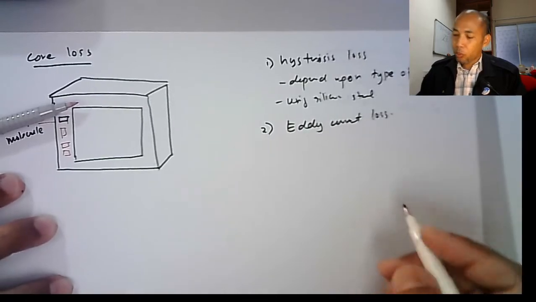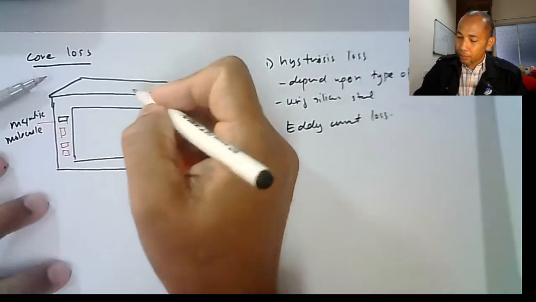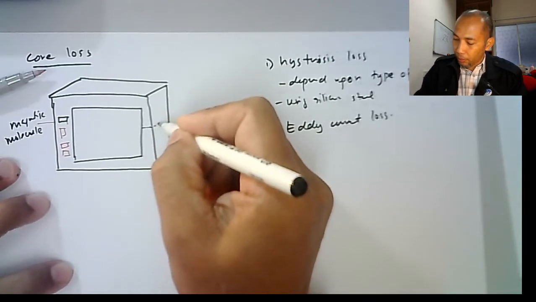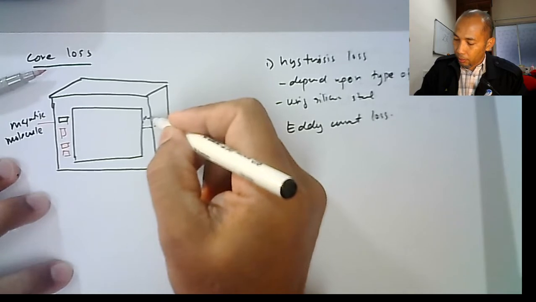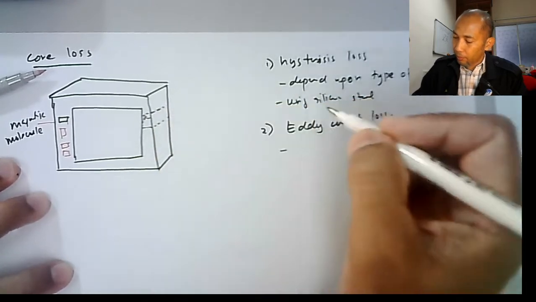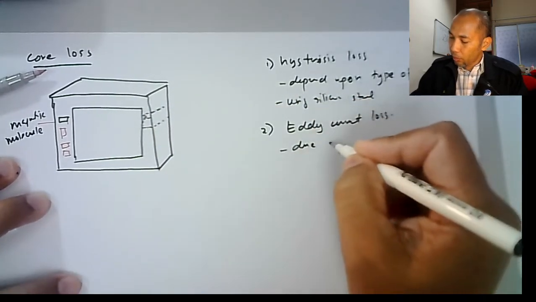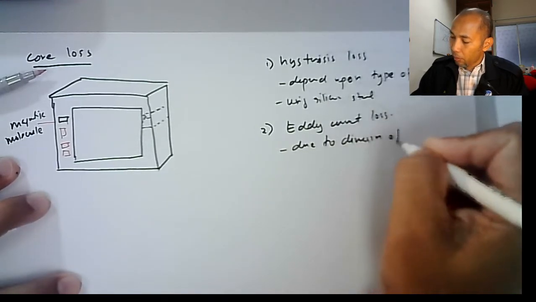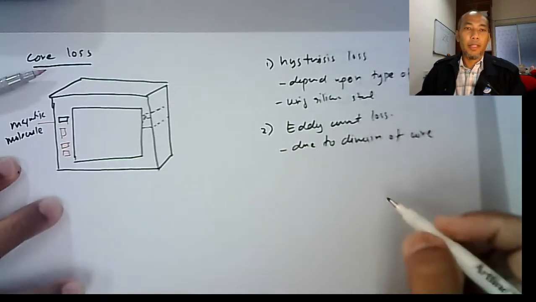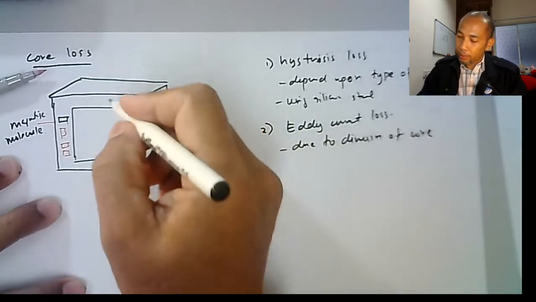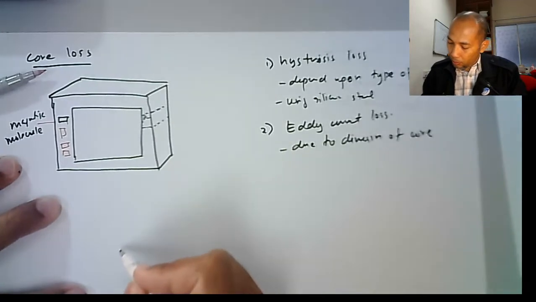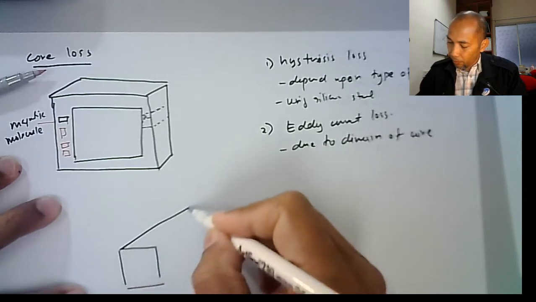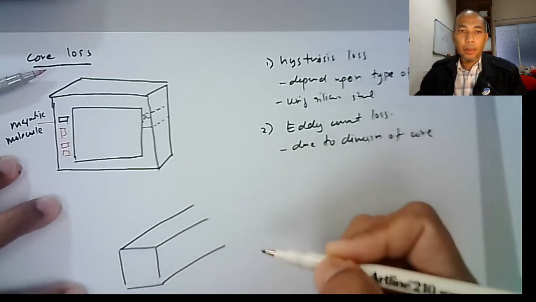Eddy current loss is due to the dimension of the core. Let's cut that core like this. This is the core.